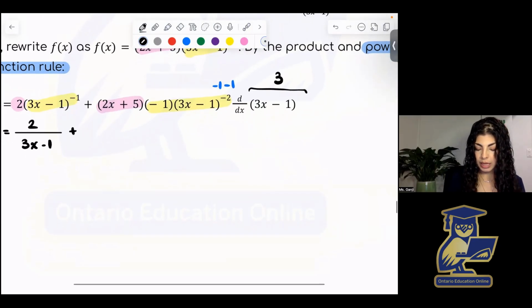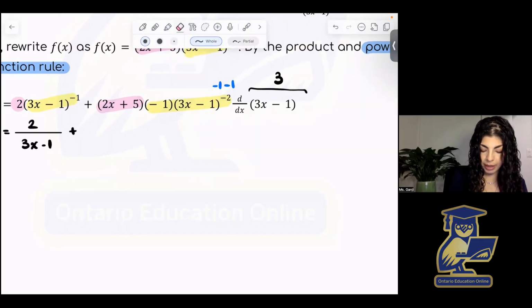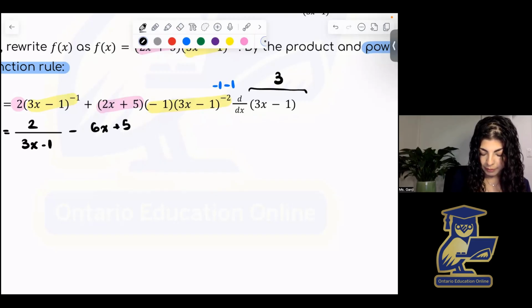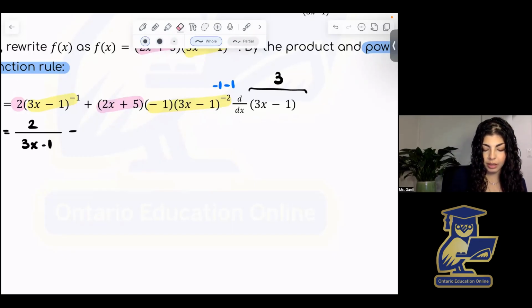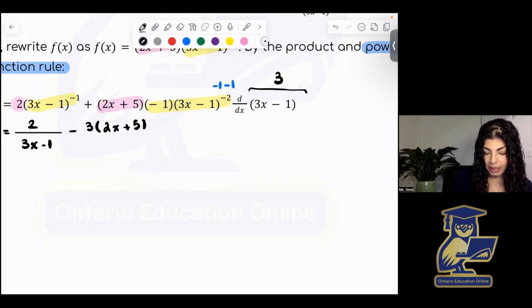So then I just have, or actually perhaps negative because of that negative there, and I'm left with 6x plus 15. And I just multiplied the 3 by the 2x plus 5, or you don't have to, you can just leave it as 3 times 2x plus 5. And now we have this over 3x minus 1 squared.